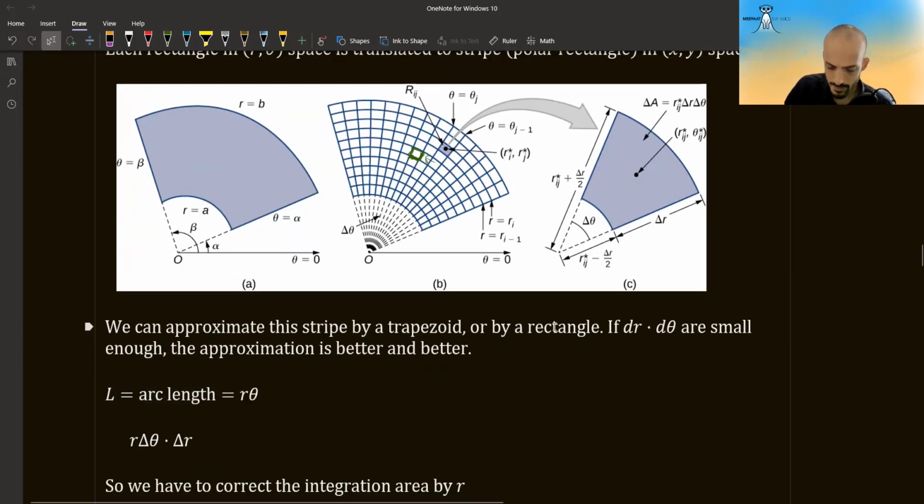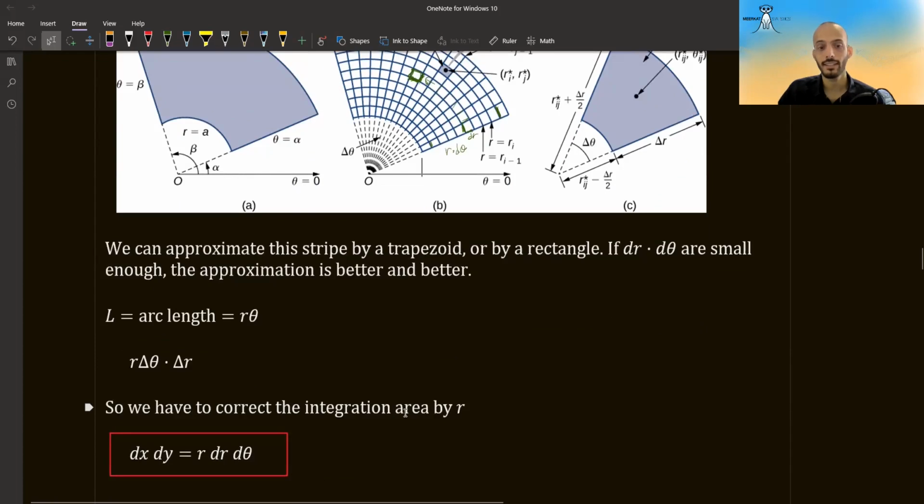Okay, so this will be the r, and it will be the same here, but this will be r up to this point times the theta. And you can see that when r is bigger, this is bigger, and when r is smaller, this is smaller.